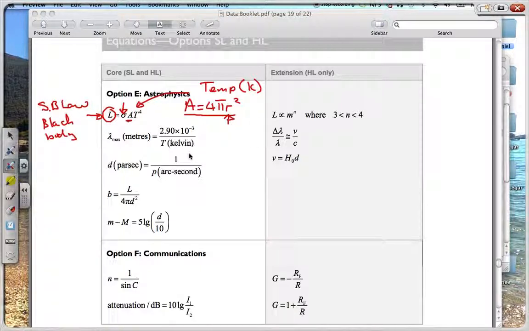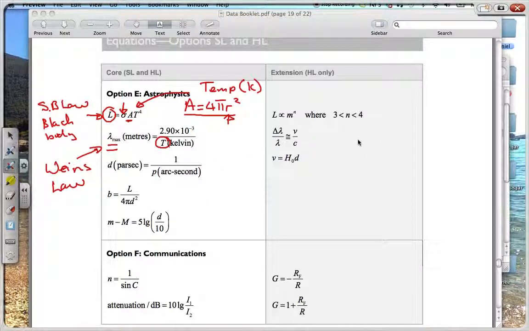We can work backwards. This over here is Wien's law. I think it's spelled like this, W, E, I, N's law. This is also for black body radiation, and this is where the maximum wavelength, or the wavelength where the maximum amount of energy is transmitted, gives the indication of the temperature of the object.